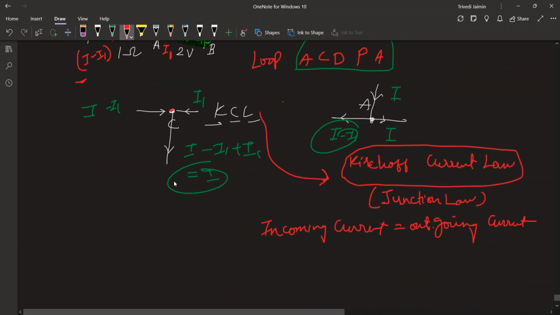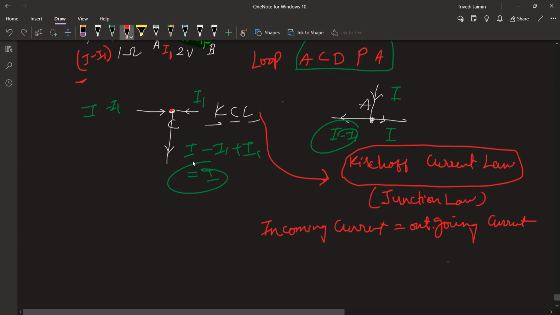If incoming current plus outgoing current equals 0, that means summation of all current equals 0. That is KCL. Here we added I plus I1 minus I1 equals 0.